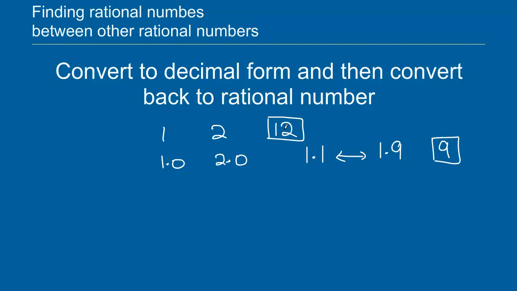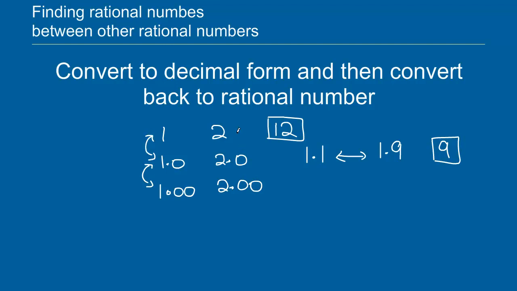But we need 12. So instead of writing it as 1.0, we want to write it as 1.00 and we want to write this as 2.00, because these are all the same numbers, right?